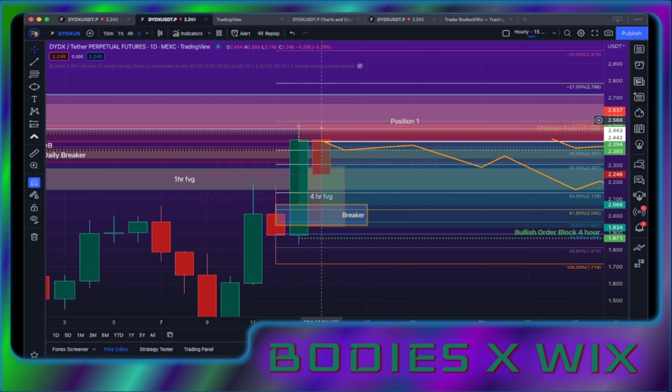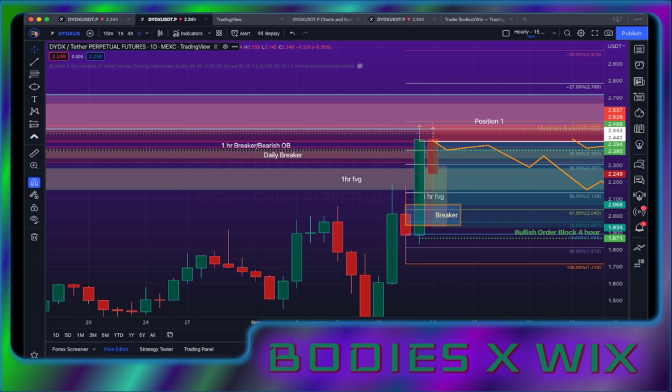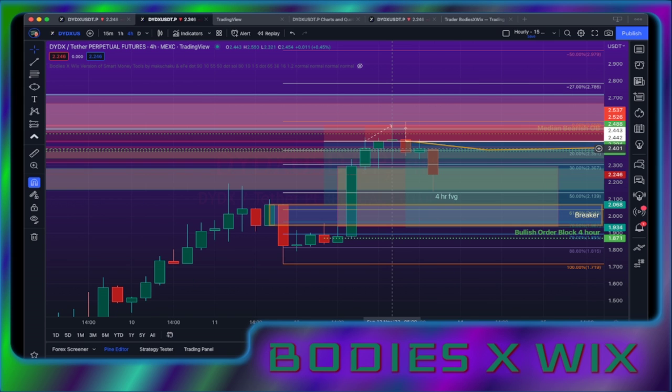And if we get down to the 4 hour, you'll find that the wicks went through the 1 hour fair value gap, but not by much. You can see barely they went through it.